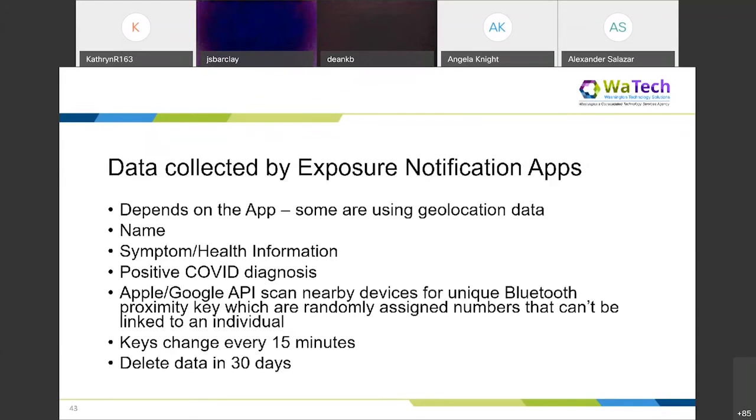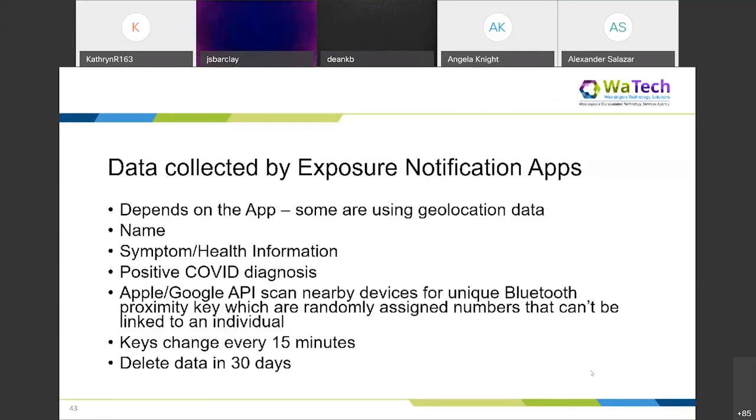And so there's talk of giving people actual PIN numbers or something to confirm that they have a positive test, so that when they're reporting, they're not creating false positives or false panic for the populations if they're not actually a positive individual.